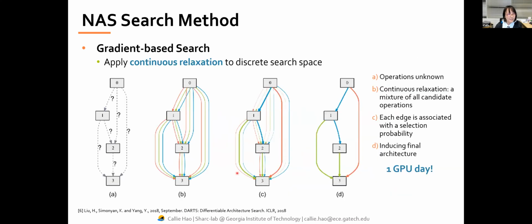But in gradient-based search, they can relax the discrete to continuous so that we can use gradient-based search. And this is proven to be much more efficient than the previous ones. So usually it can generate some result within 1 GPU day. Now it is getting much better. As we know, we like efficient search. So this might be one of our good candidates to think of.